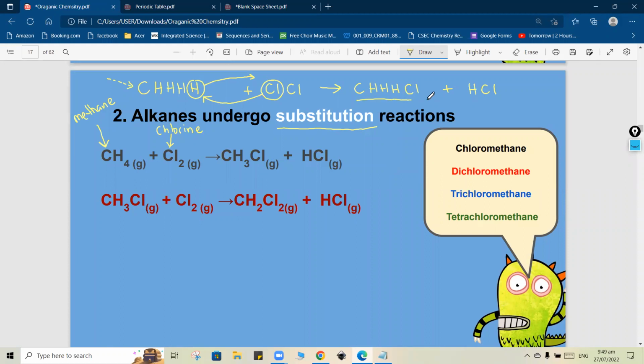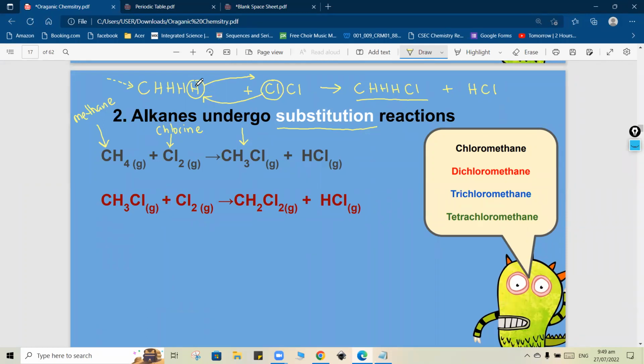Look at this. It has one carbon. How much hydrogens? 1, 2, 3, and one chlorine. Do you all see that over here? One carbon, 1, 2, 3 hydrogens, and one chlorine.